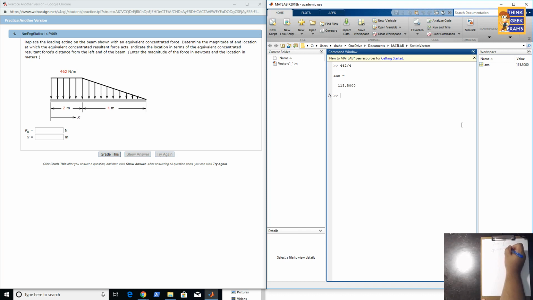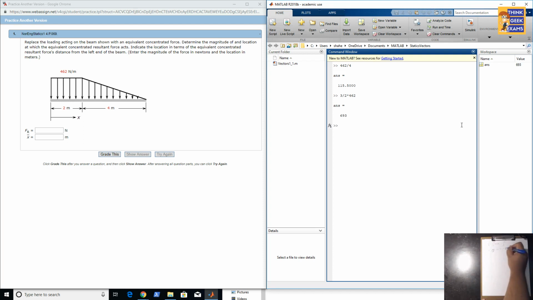And then there's going to be an intercept. The y-intercept for this is going to be 3 by 2 times 462, which is 693.